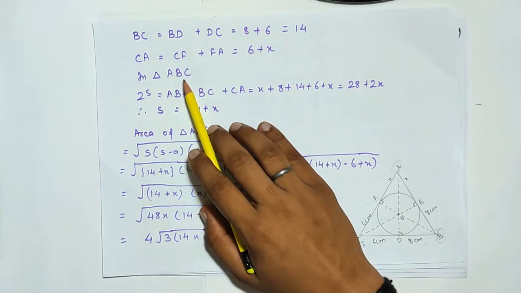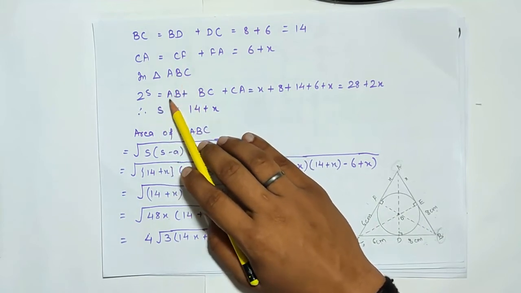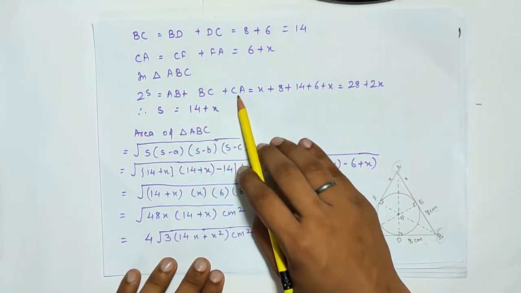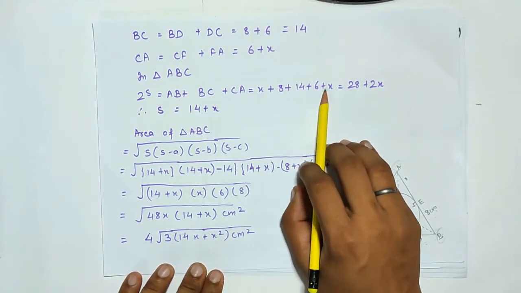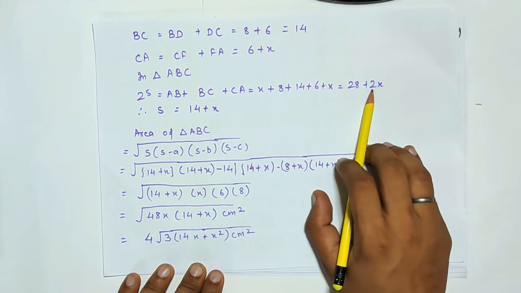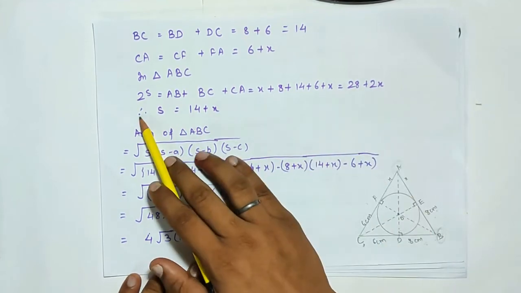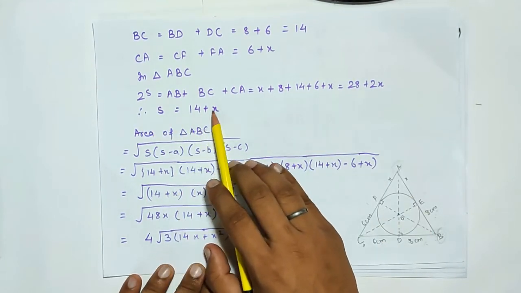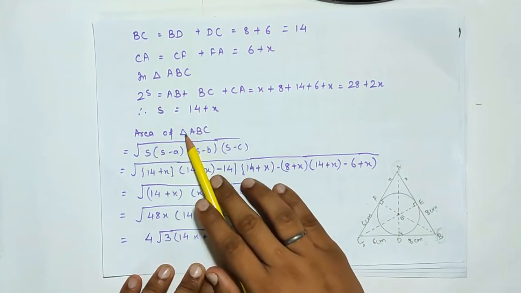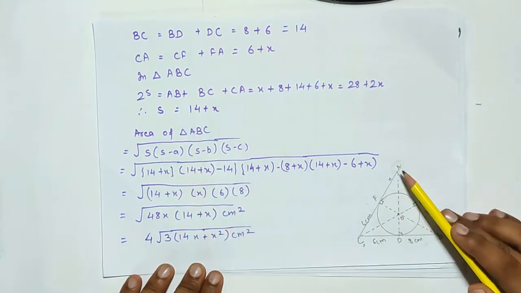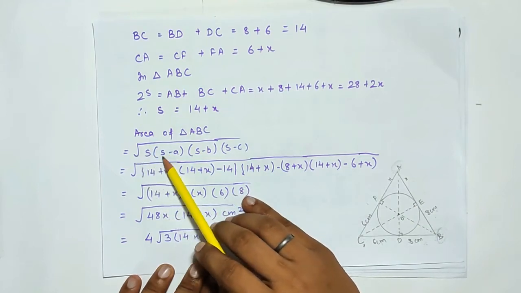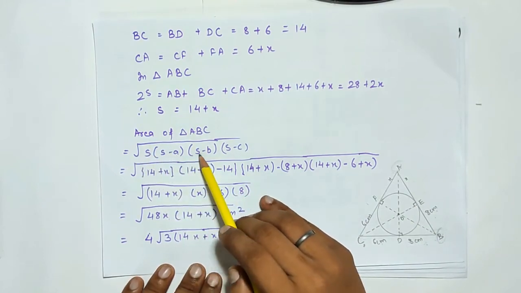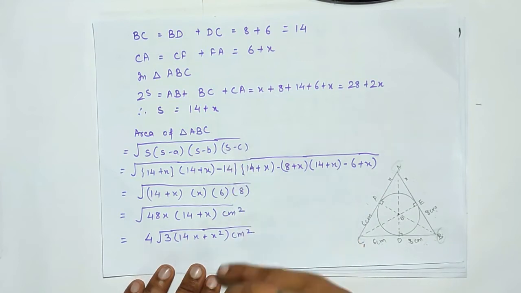In triangle ABC, 2S is equal to AB plus BC plus CA is equal to x plus 8 plus 14 plus 6 plus x is equal to 28 plus 2x. Therefore S is equal to 14 plus x. Area of triangle ABC is root of S(S minus a)(S minus b)(S minus c).